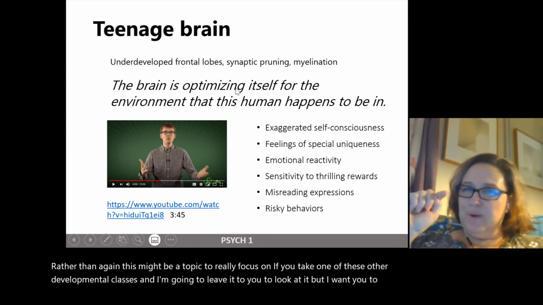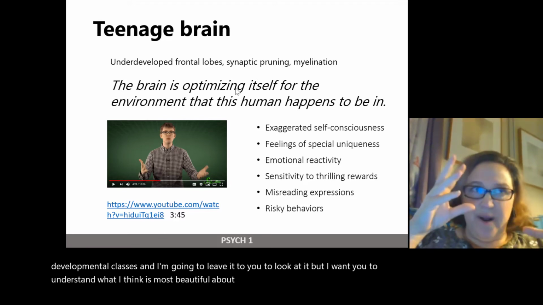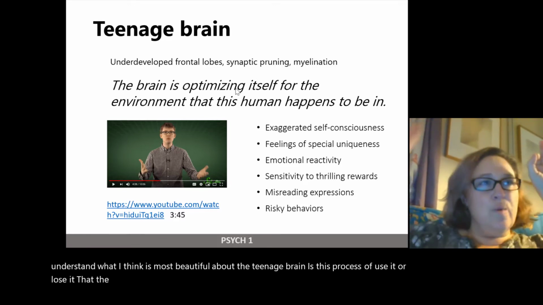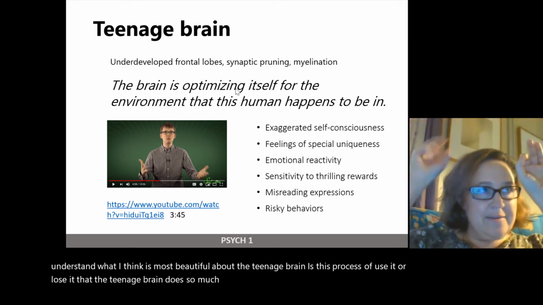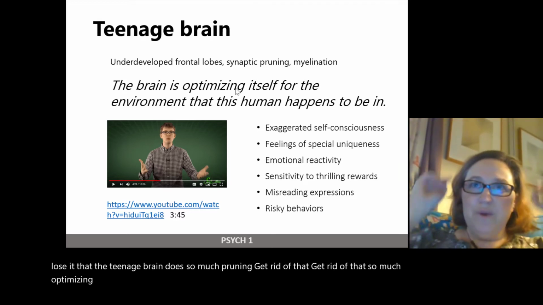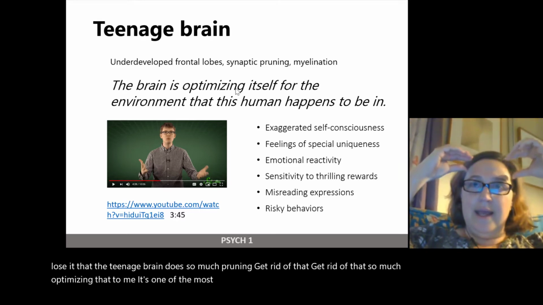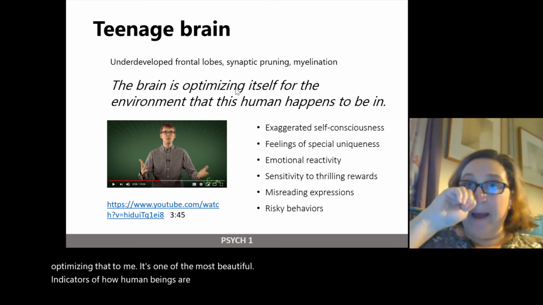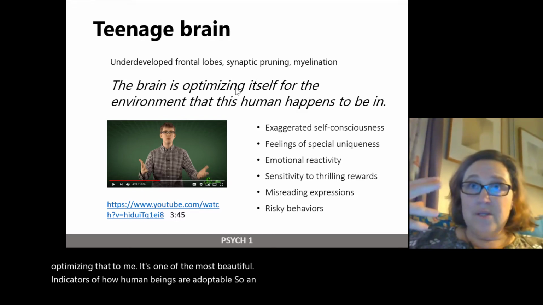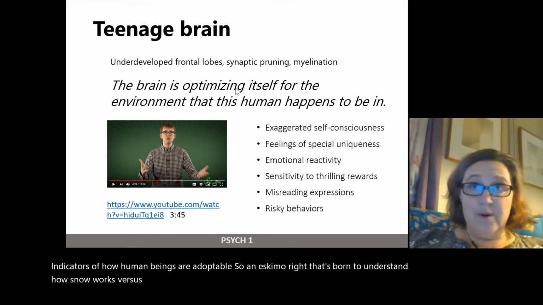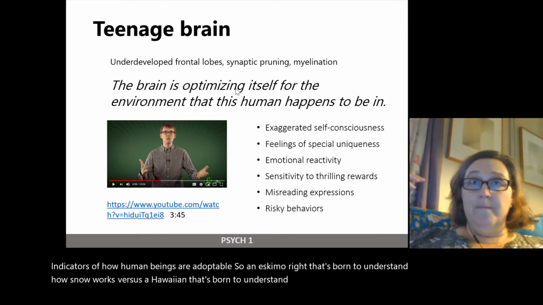But I want you to understand what I think is most beautiful about the teenage brain: this process of use it or lose it. The teenage brain does so much pruning, so much optimizing, that to me it's one of the most beautiful indicators of how adaptable human beings are. So an Eskimo, right, born to understand how snow works, versus a Hawaiian born to understand how ocean waves work.